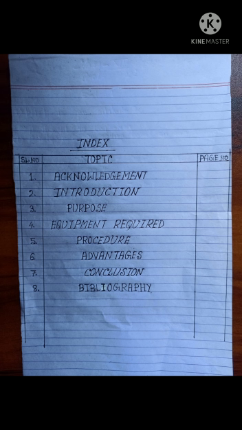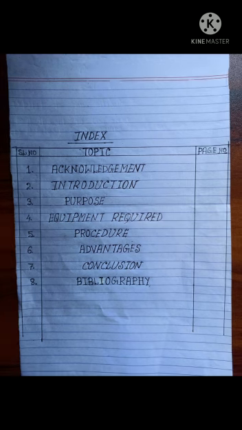Okay, so in this page you have to write serial number 1, and the topic name is acknowledgement, and on the right side of the column the page number. Next, serial number 2, the topic is introduction part, and the page number.